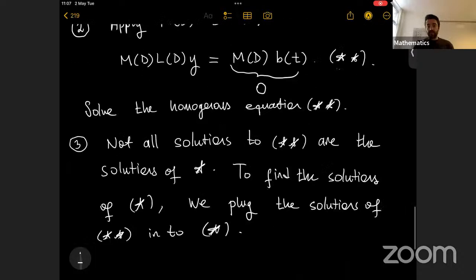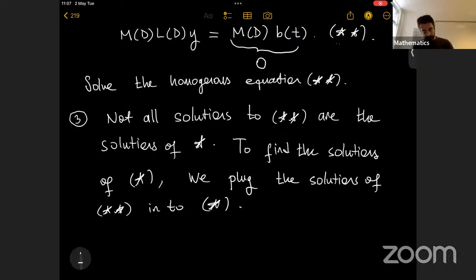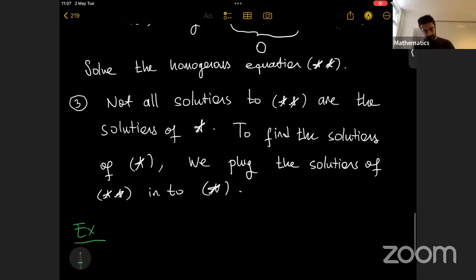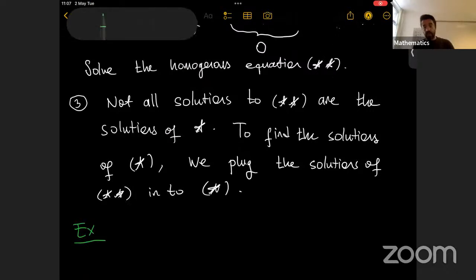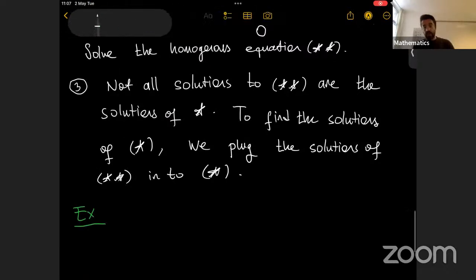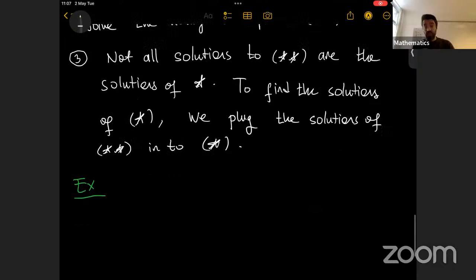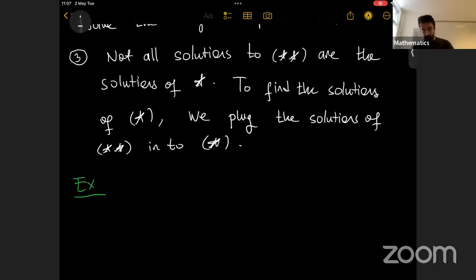Let's do some examples. So what you do here is basically you solve a non-homogeneous equation by reducing it into a homogeneous equation. We know how to deal with homogeneous equations, right? So let's do this.